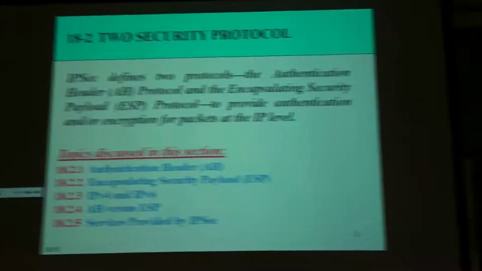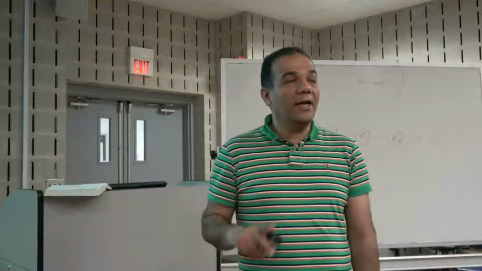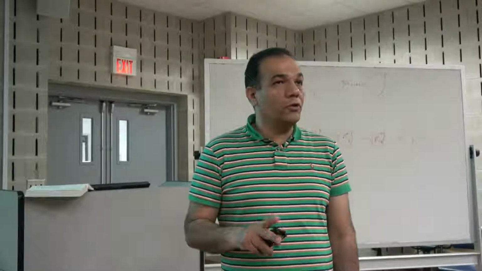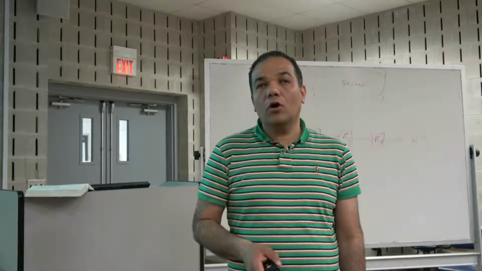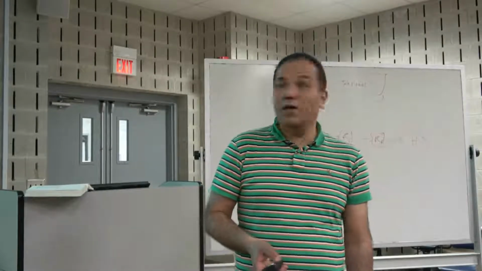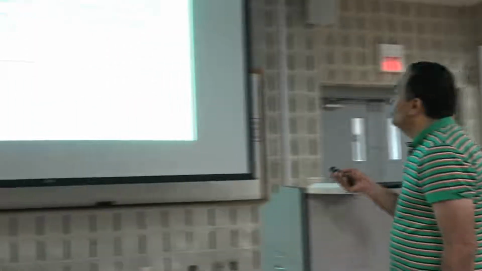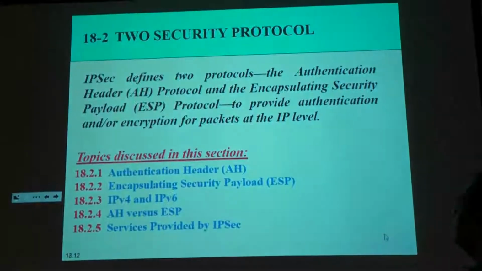So what are the protocols? AH and ESP. So two protocols, and we have two modes. So in total, how many combinations we could have? Four. We could have up to 4 combinations, right? To provide authentication and or encryption for packets at the IP level.